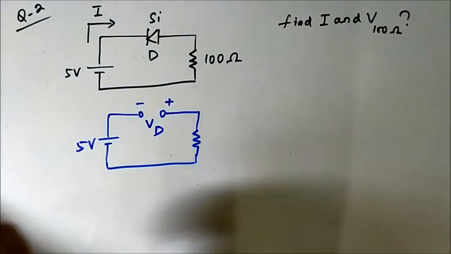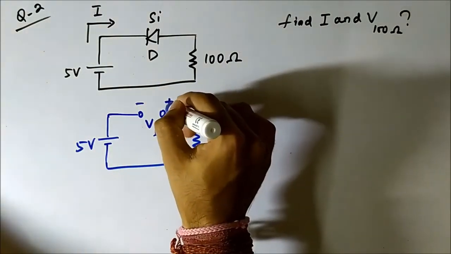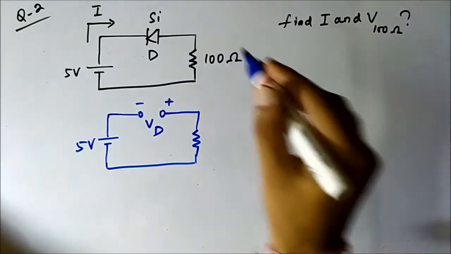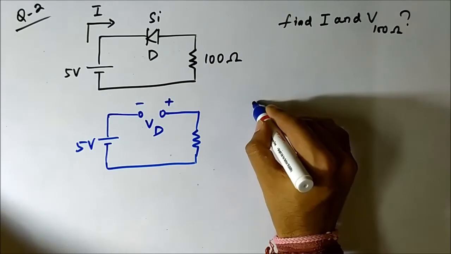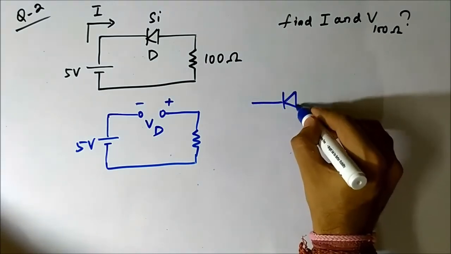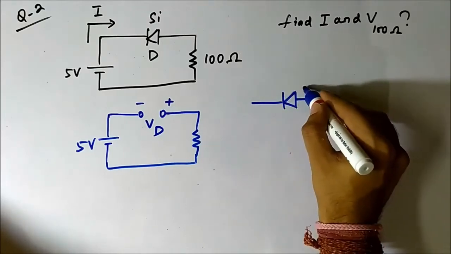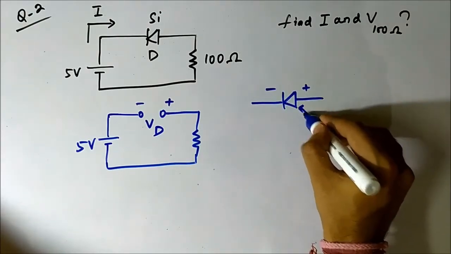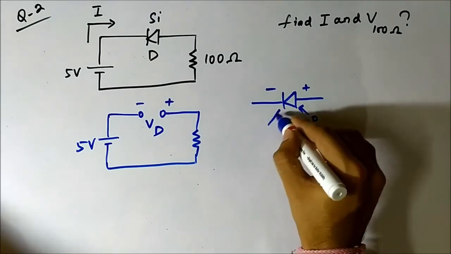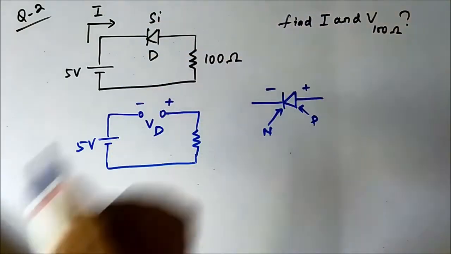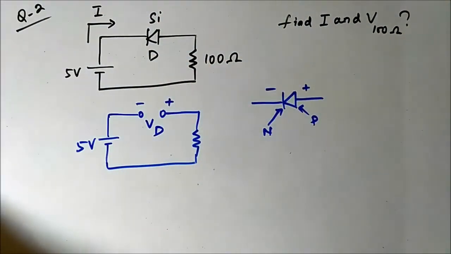The reason I have chosen this end as positive and this end as negative is that for a diode to be forward biased, its P end should be connected to the positive polarity and its N end to the negative polarity. This is the P end, this is the N end. Here P positive, N negative, that's why.